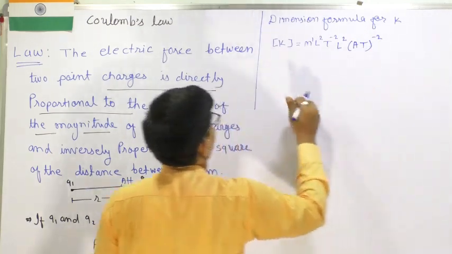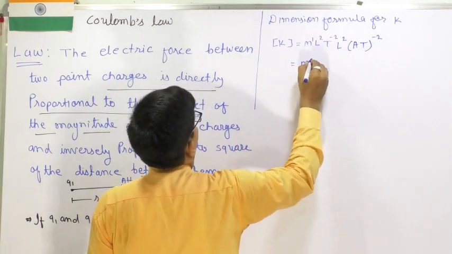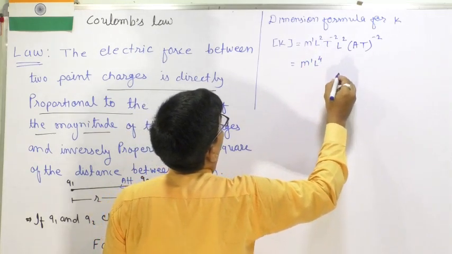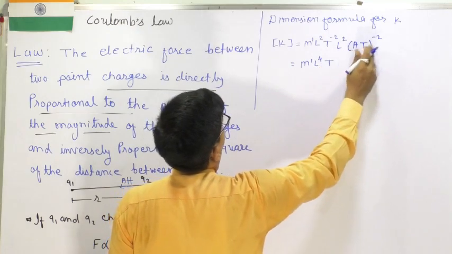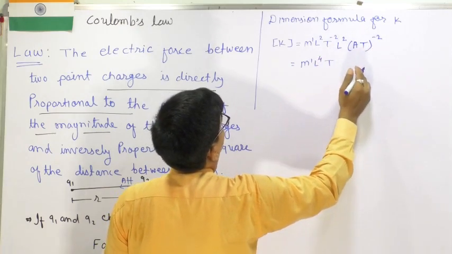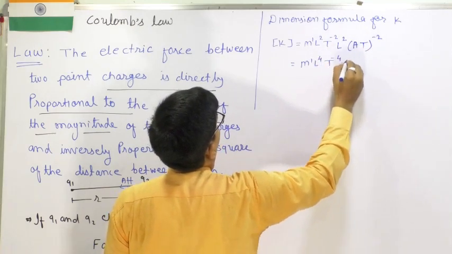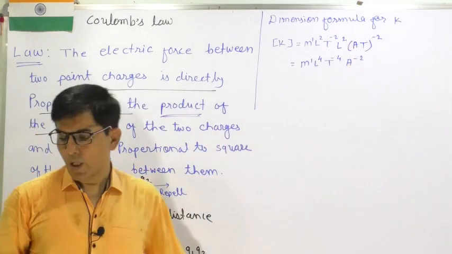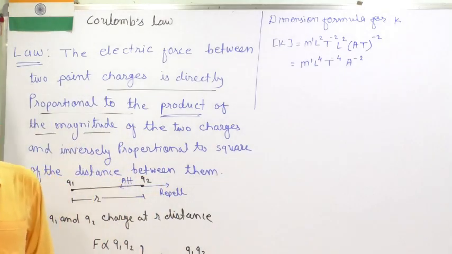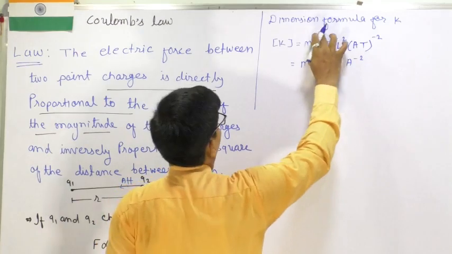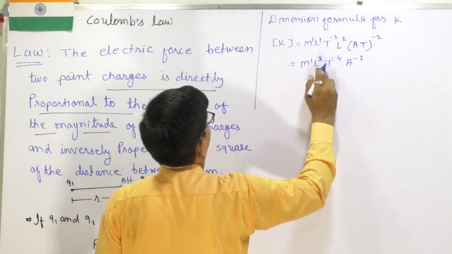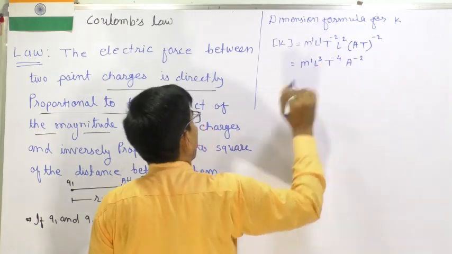Then this will be M1 L3, T raised to minus 2 and minus 2, this will be minus 4, and A raised to minus 2. So M1 L3 T raised to minus 4, A raised to minus 2.